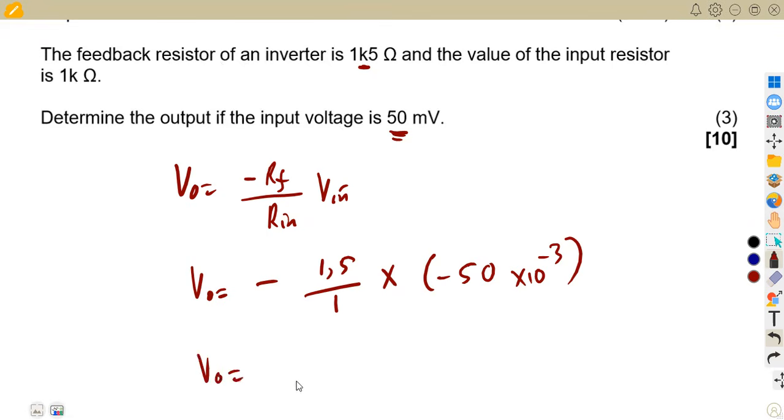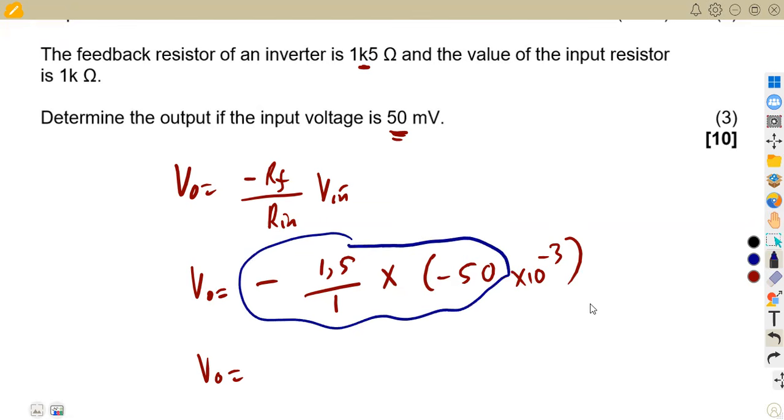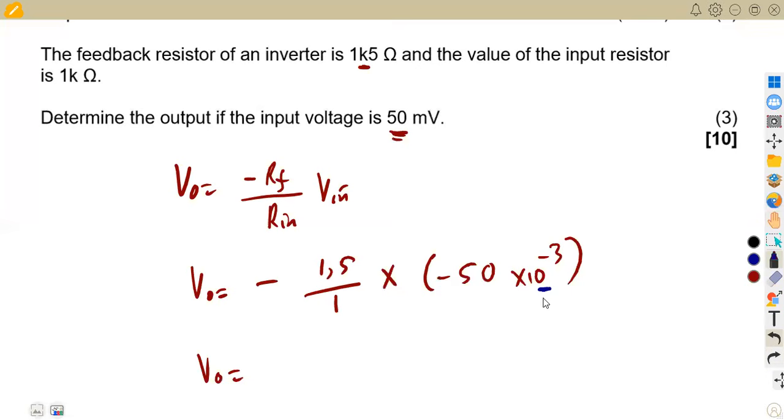So our V out will be a positive in this case, which is going to be 75 times 10 to the exponent of negative 3, which is milli. So you're going to have positive 75 millivolts in this case, okay?